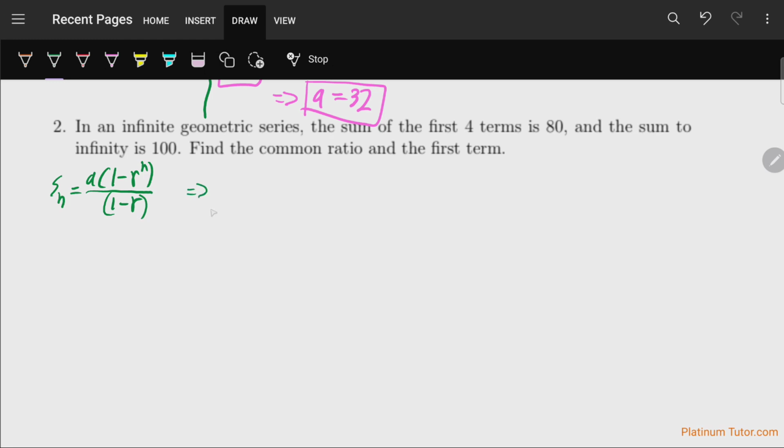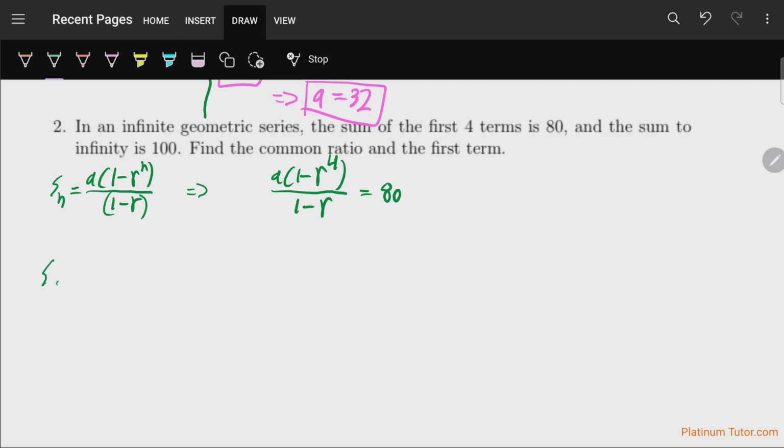So that means the sum of the first 4 terms will be S4 equals a times 1 minus r to the 4 all over 1 minus r. And they tell us the sum is 80. So S4 is 80. I'll write it on this side.